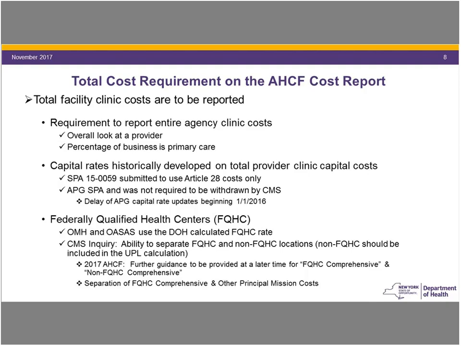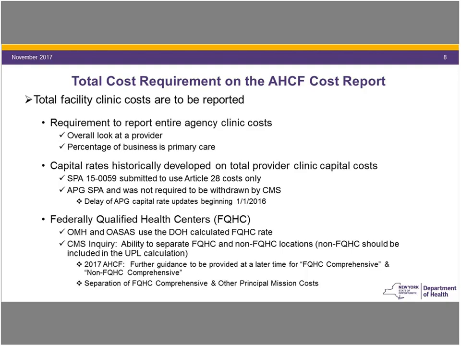When it comes to federally qualified health centers, OMH and OASIS use the DOH calculated FQHC rate. So it's part of the reason why we also need total costs. During the discussions that we've had with CMS, they asked us if we had the ability to separate FQHC locations and non-FQHC locations, because you can have a provider that has both.